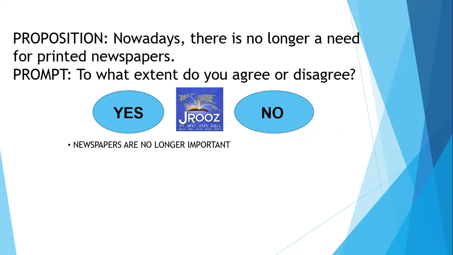What follows the topic sentence? Camille, you are the worthy volunteer. What follows a topic sentence? If you come up with a topic sentence, what should follow after that? Does anybody know? Example, sir. Example, yeah. What else?